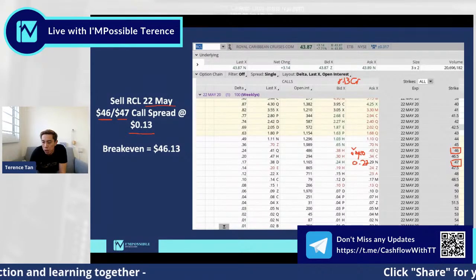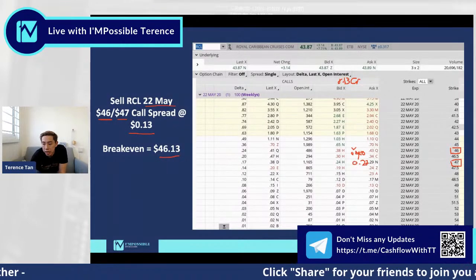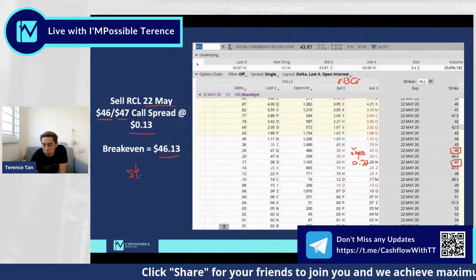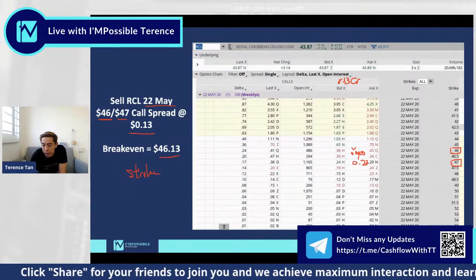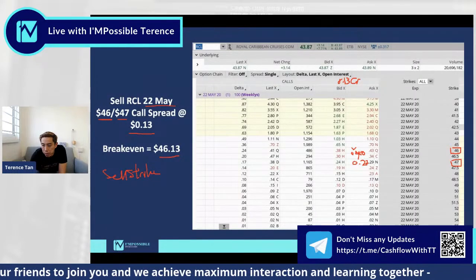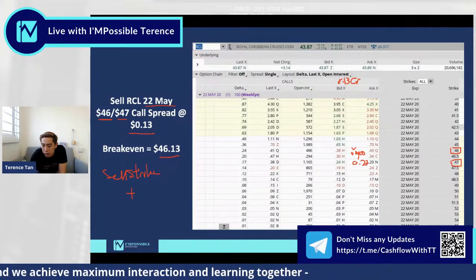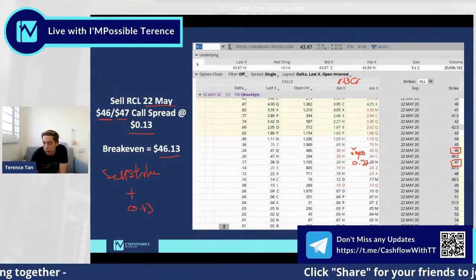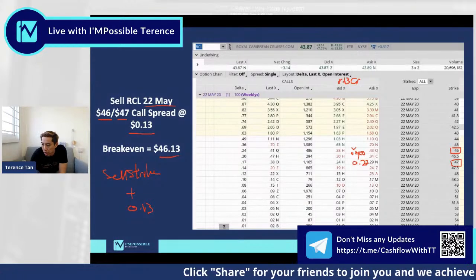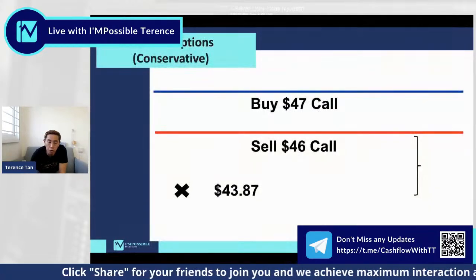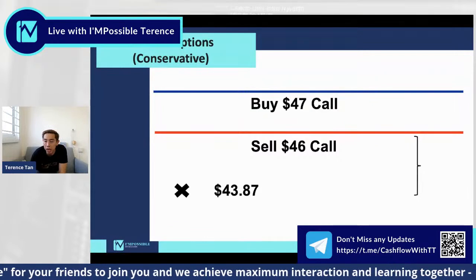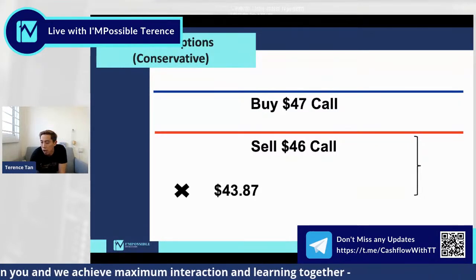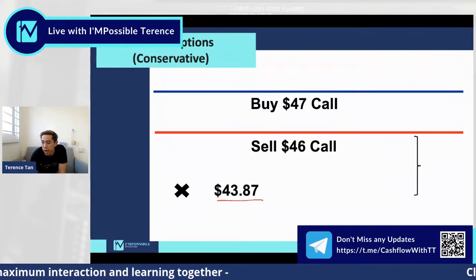We also said this yesterday, the break-even price. It's going to be the strike price, in this event the sell strike price, plus the premiums that you're collecting. So in this case today, 13 cents. This is how the trade structure is going to look in a diagram format. The stock is sitting at 43.87.